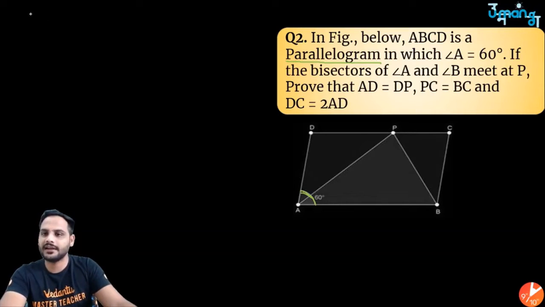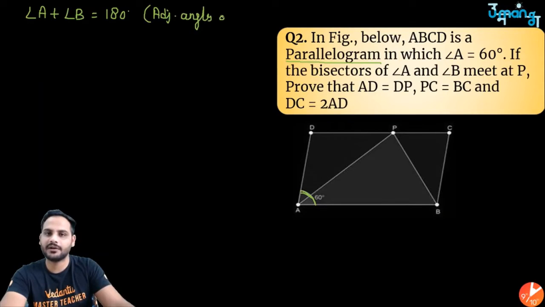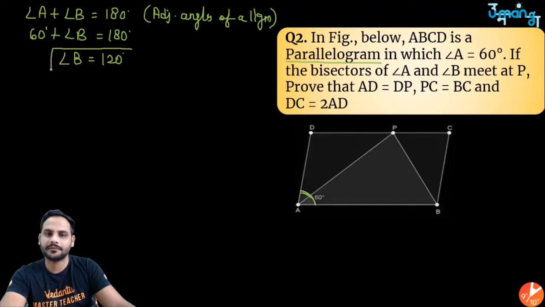If angle A is 60 degree, I can clearly say, sir, angle A plus angle B will be equal to 180 degree because they are the adjacent angles of a parallelogram. Correct? They are supplementary. So angle A is 60 plus angle B is equal to 180 degree. You will get angle B as 120 degree.